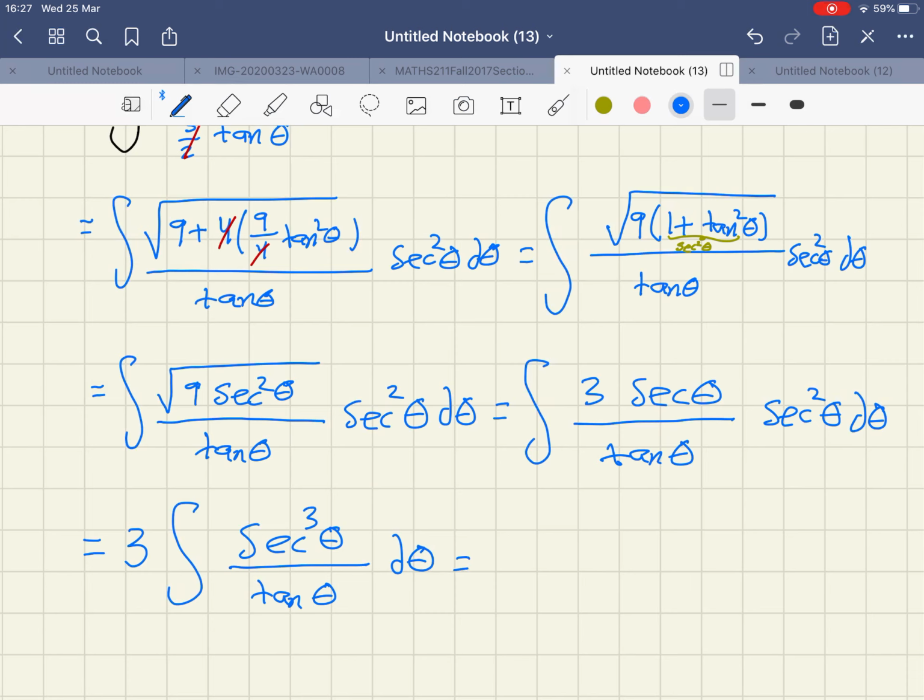The next step is what we need to do. We need to find a way to move this question around. So either we will return it back to sine and cosine, if that's going to help us.